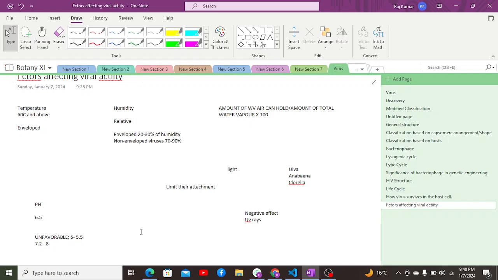That is also the reason why we utilize sanitizers. Sanitizers as well as detergents are alkaline species.